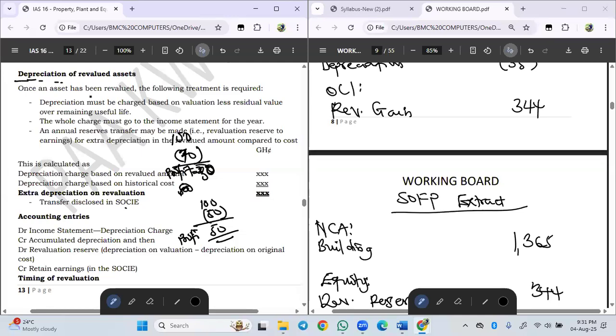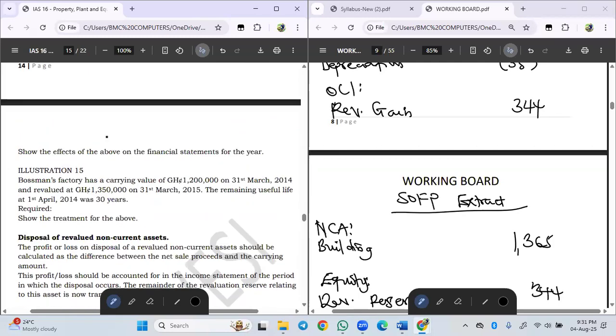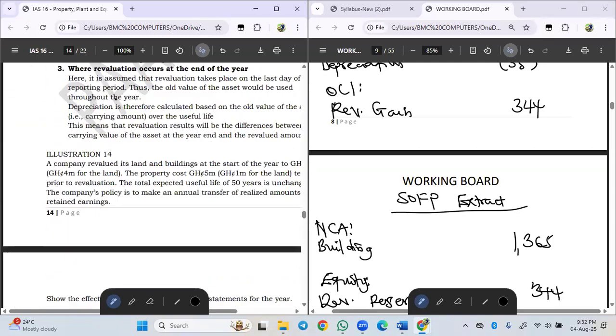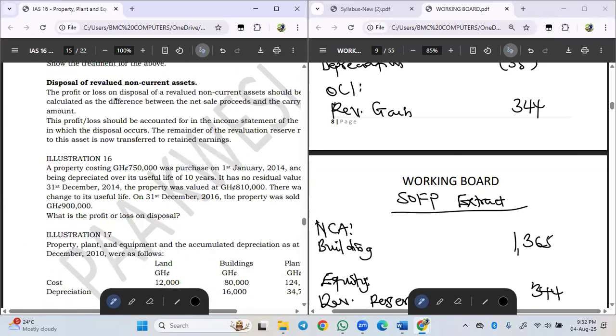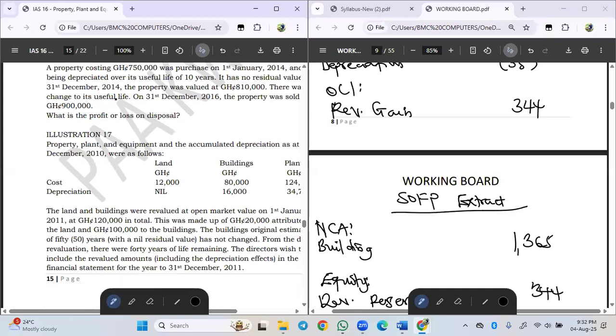When we meet, you're not going to spend more than 30 minutes here because we will solve just three or four illustrations.